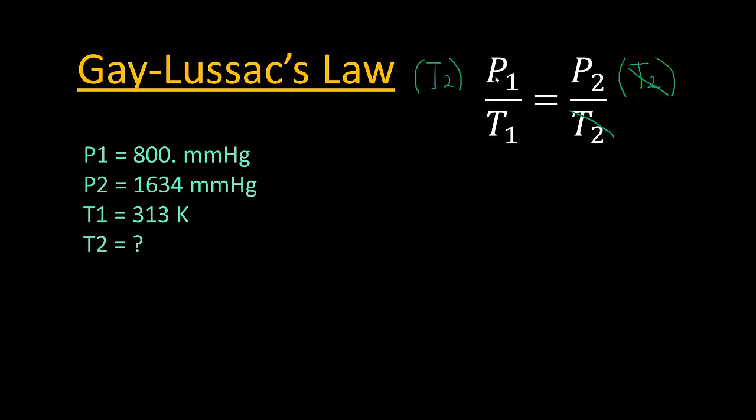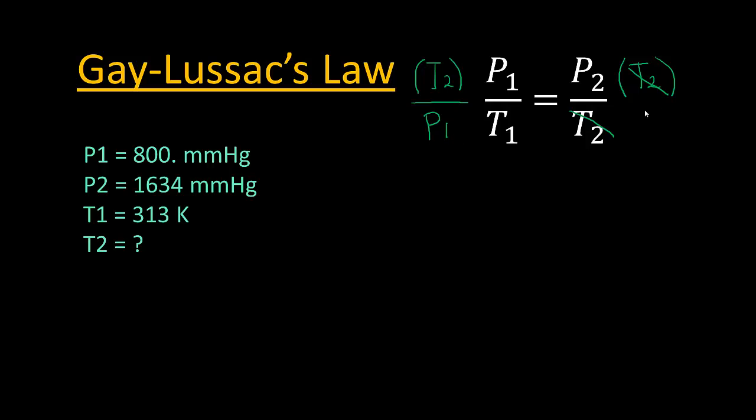Now what I must do is get rid of the P1 and T1 on this side and move it over to the other side of the equation. So in order to do that, I have to look at how they're related to the variable that I want to keep on this side. So P1 is multiplied by T2, so I have to do the opposite, and I'm going to divide by P1.